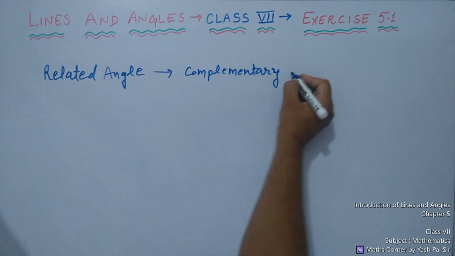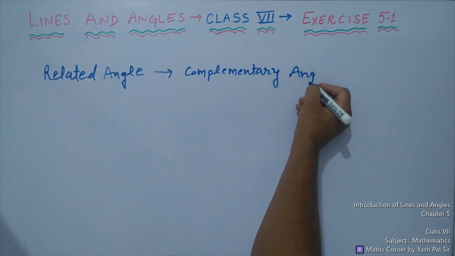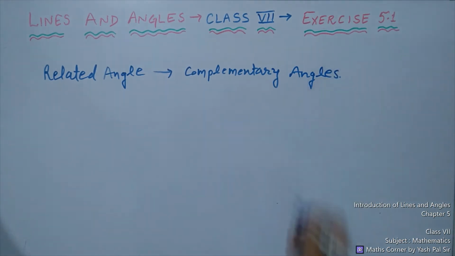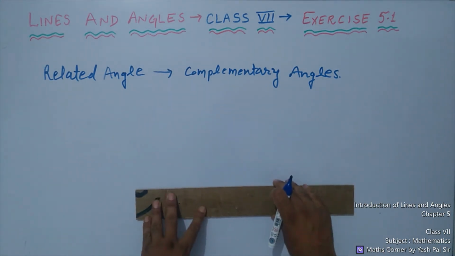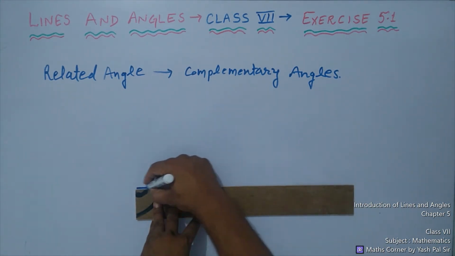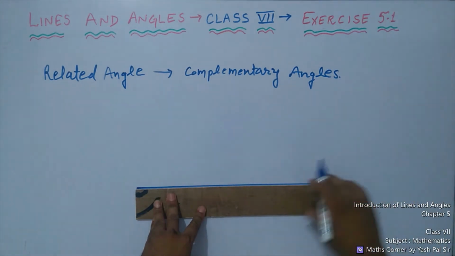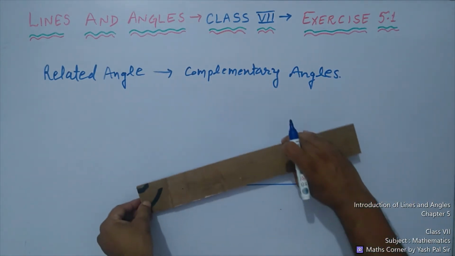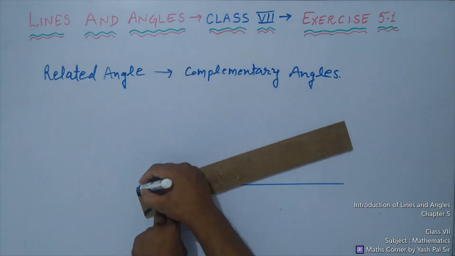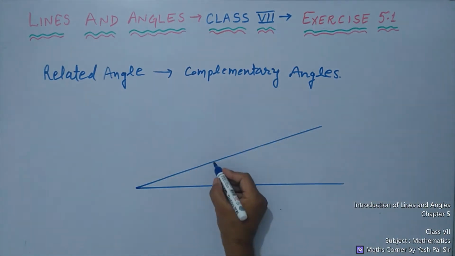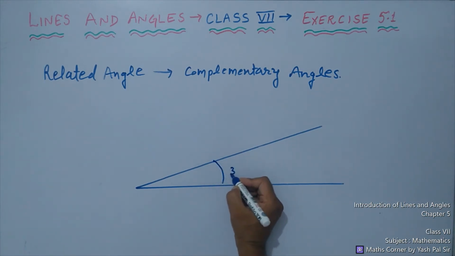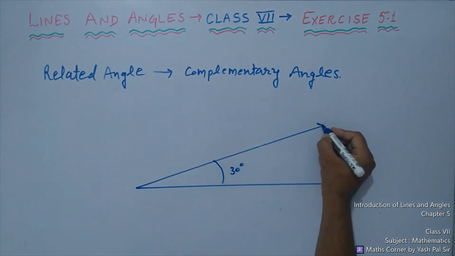What is the meaning of complementary angles? Suppose I have one angle, the measure of this angle is 30 degree.